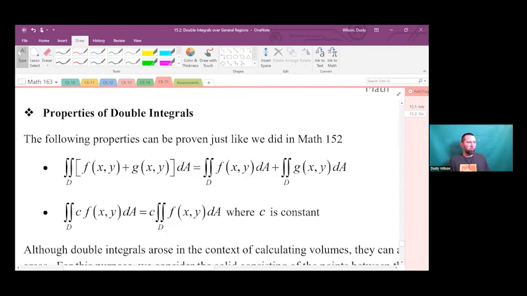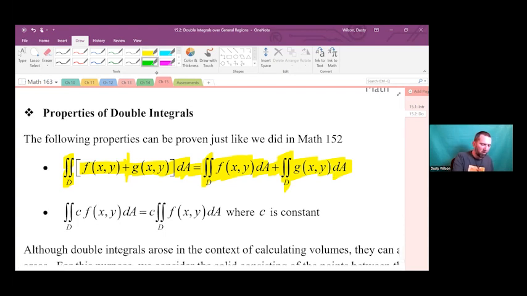Properties of double integrals. The following properties can be proven just like we did in a previous calculus class. So we have that the double integral of a sum of two functions is equal to the double integral of the first function plus the double integral of the second function.